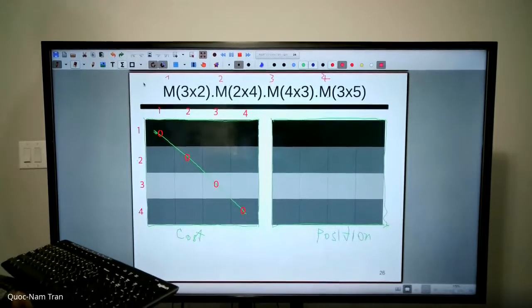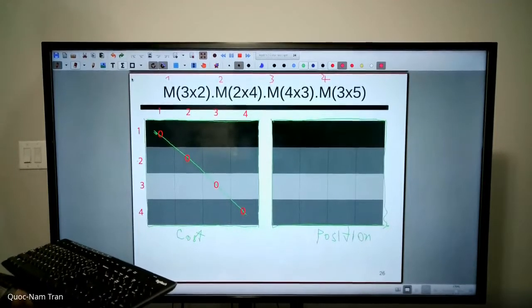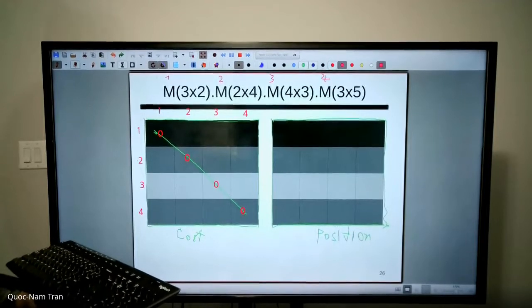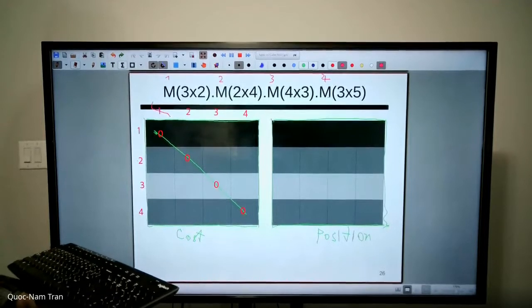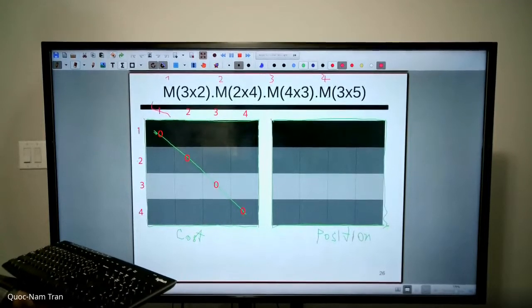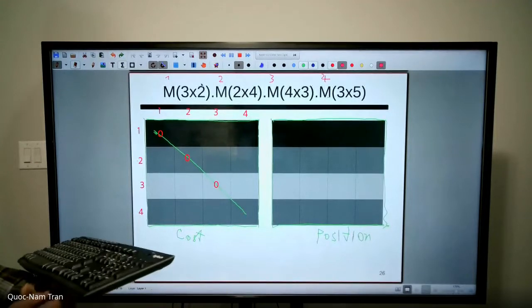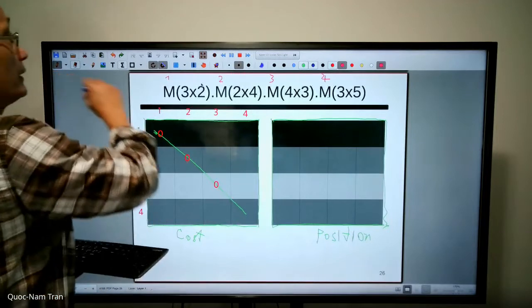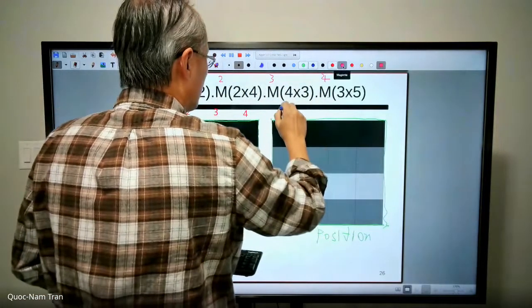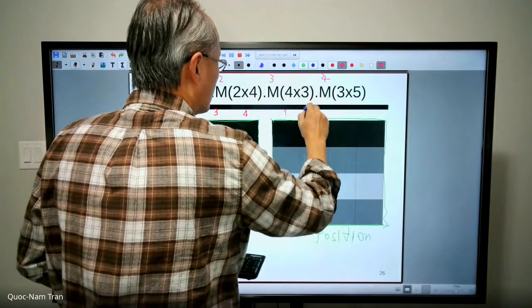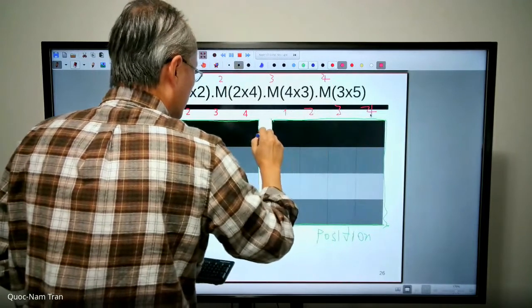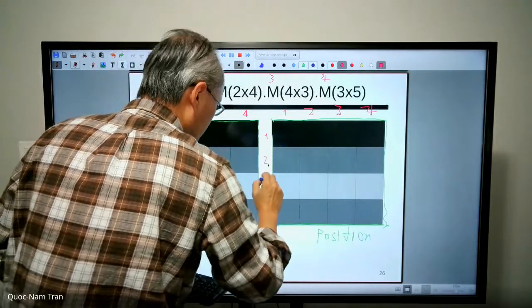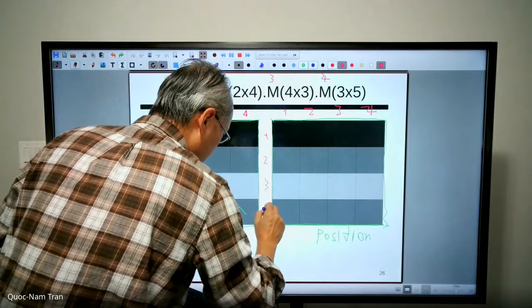Okay, so we write it down again: 1, 2, 3, 4, and then 1, 2, 3, 4.